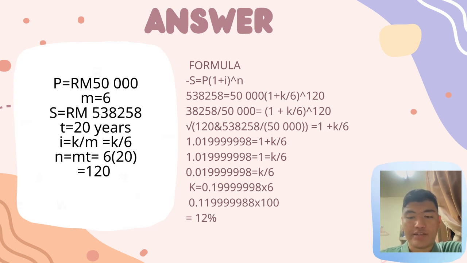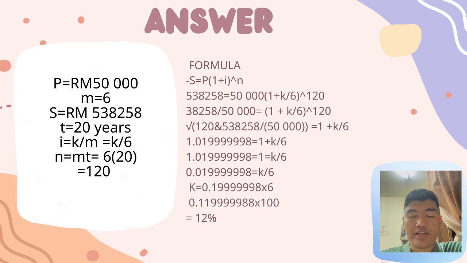Now, the next step, we minus 1. So 1.019999998 minus 1, we get 0.019999998 equals k over 6.